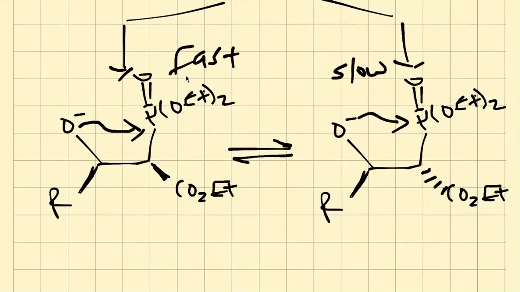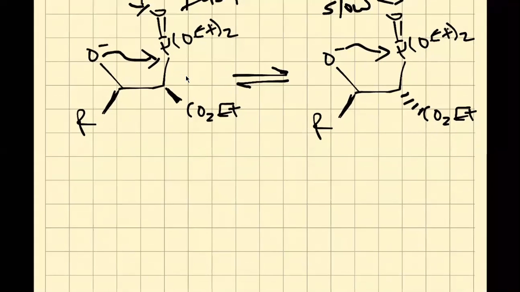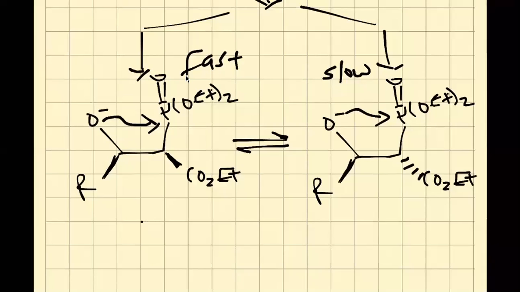So they're also proposing that the cis and the trans are in equilibrium with one another, right? But then the actual, let me back up. The approach and the formation of this intermediate is fast for the cis and it's slow for the trans.